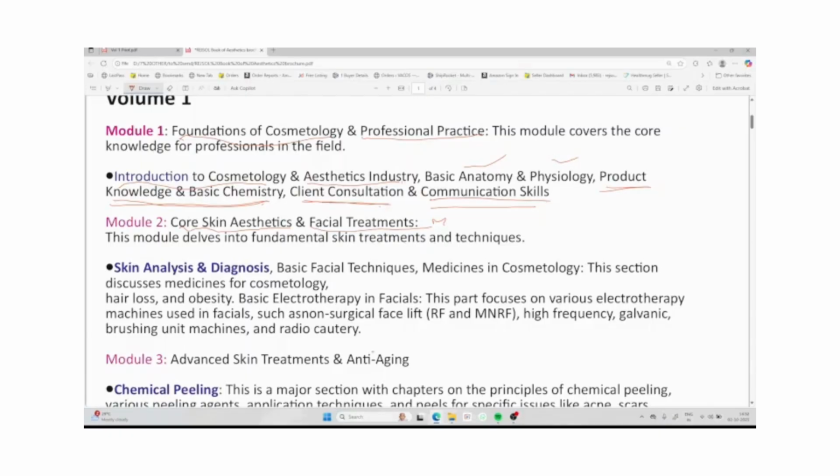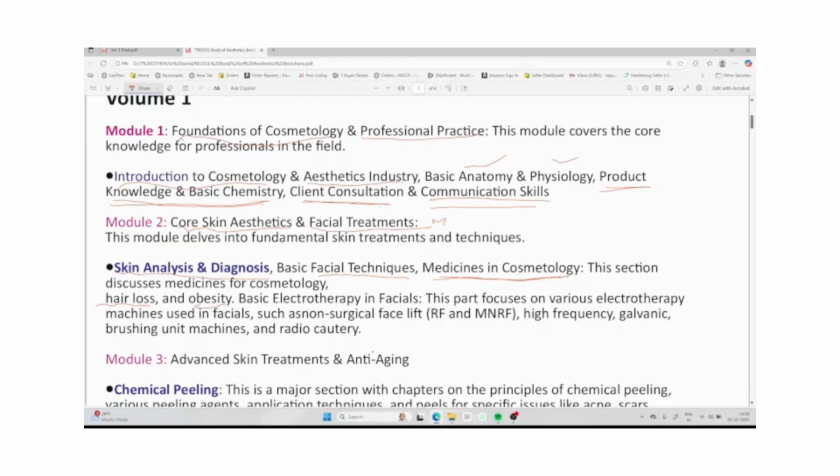Then there is skin analysis and diagnosis, so how the various conditions of the skin are diagnosed and analyzed is there. Then facial techniques and medicines in cosmetology: what are the allopathic medicines used in cosmetology are discussed in this. The medicines are for hair loss also and obesity along with the skin medicine.